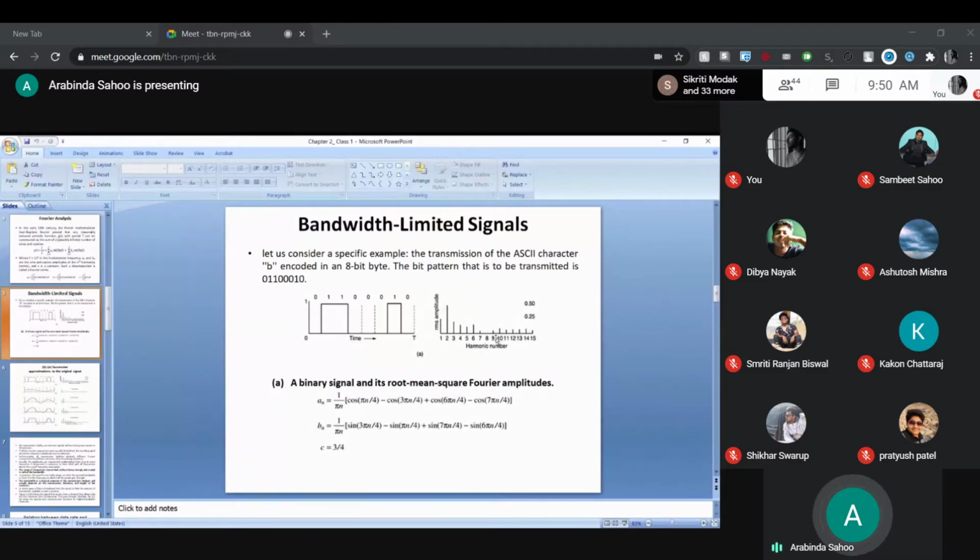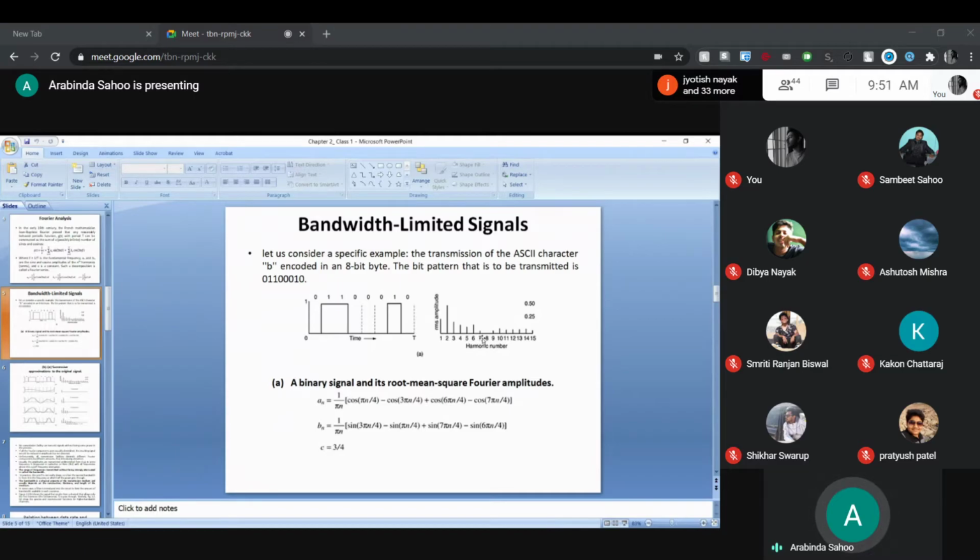Once you know the amplitude associated with the different harmonics, you can easily know up to what harmonic number the maximum information associated with the signal lies. If you compare the second diagram with the first one, the maximum information is carried by harmonic numbers 1 to 7.